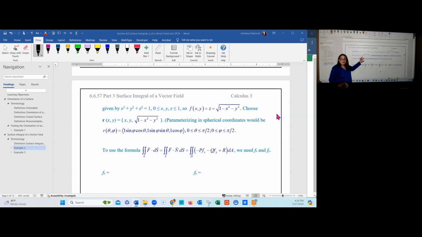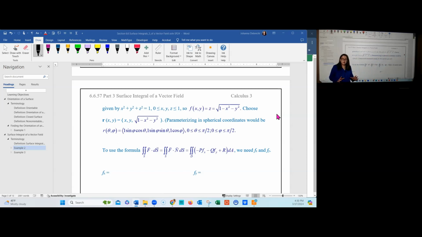In this parameterization, X is the first parameter, Y is the second parameter. The third component has to be Z equals something in terms of X and Y. So I solve the equation for Z, which gives me plus or minus the square root, but it's strictly above in octant 1. So I use the positive radical of 1 minus X squared minus Y squared.